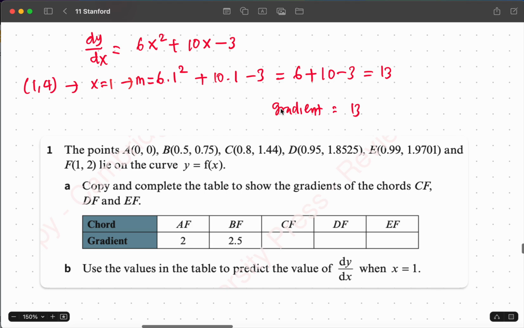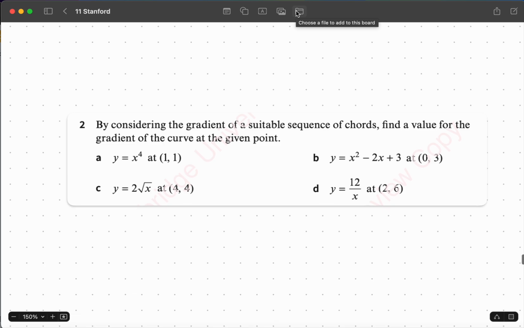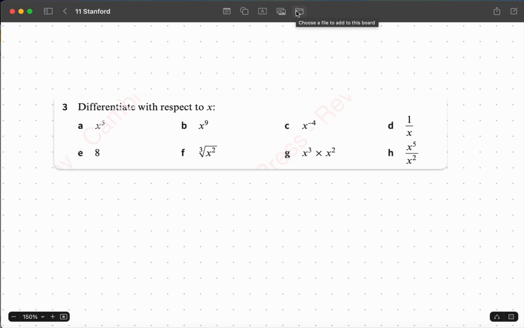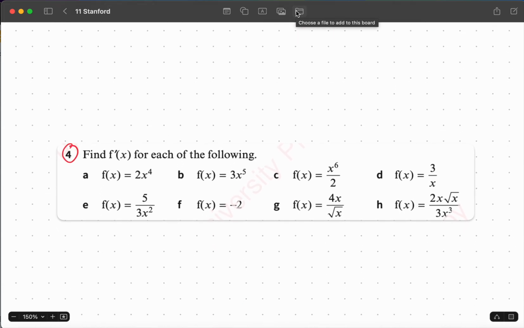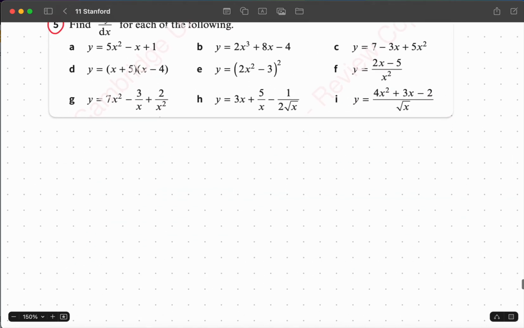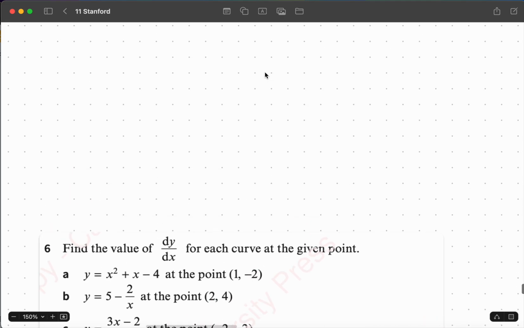Okay, so I think we don't need to do question number 1. Number 2 is also very easy. Please do question number 3. Number 4, yeah, it's a lot, but they are easy. Number 5, maybe not all of them.